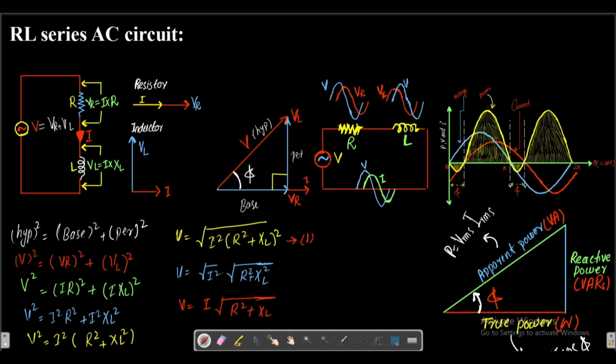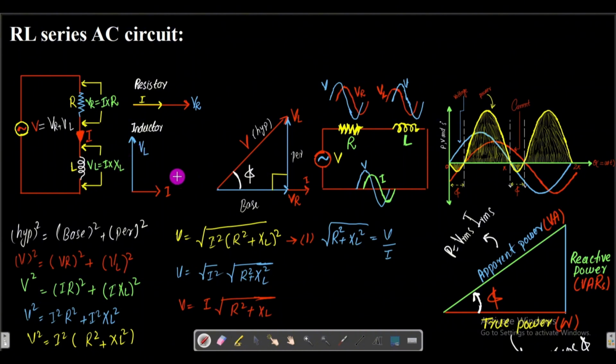From here, the square root of R square plus XL square is equal to V by I. And from Ohm's law, R is equal to V by I. So this is actually the resistance offered by both the resistor and the inductor.